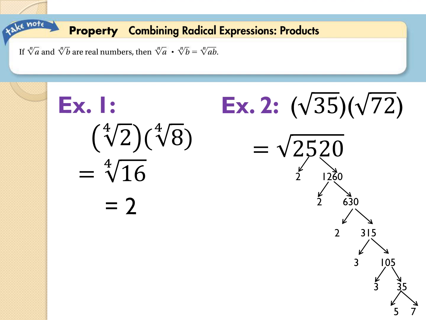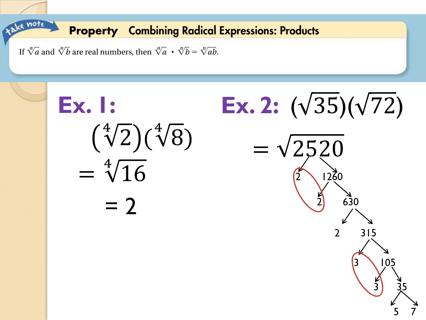Now, because this is a square root, I have to circle in groups of 2. So as long as I have 2 of the same number, I can circle them and they get to come out of the radical. So there's a 2, and then I have 2 3's.